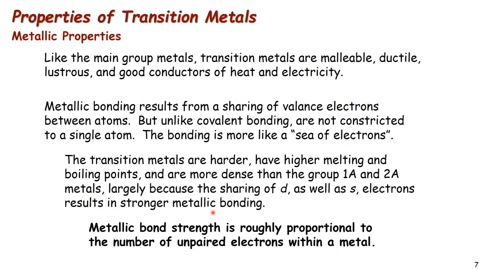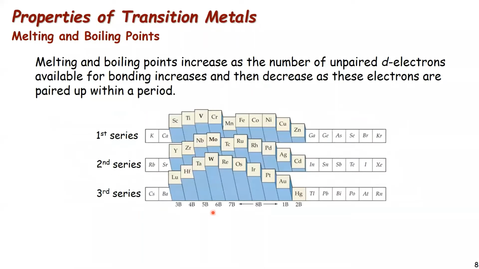So metallic bond strength is roughly proportional to the number of unpaired electrons within the metal. Okay, so if we think about it, just considering the d electrons, there are 5 d orbitals, and they're going to fill singly, right? So this would have 1 unpaired d electron, this would have 2, this would have 3, 4, and then 5.